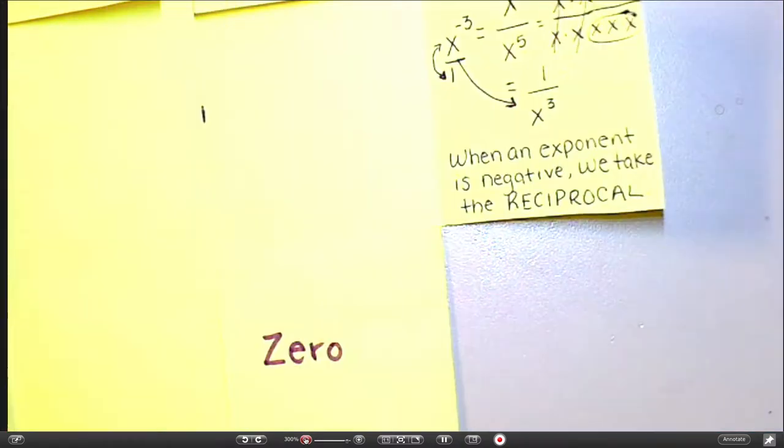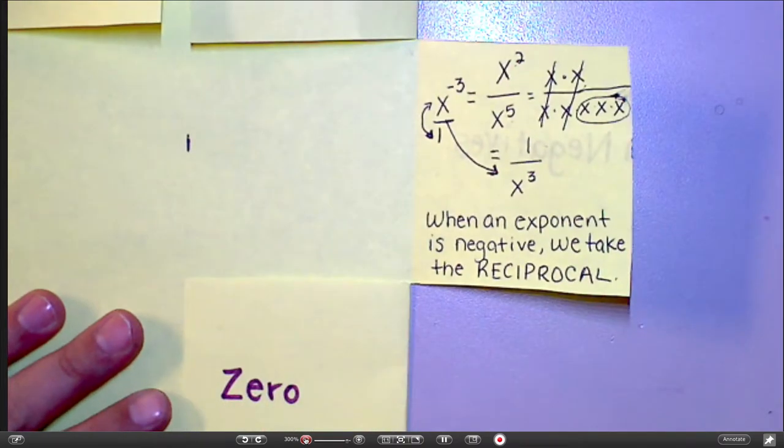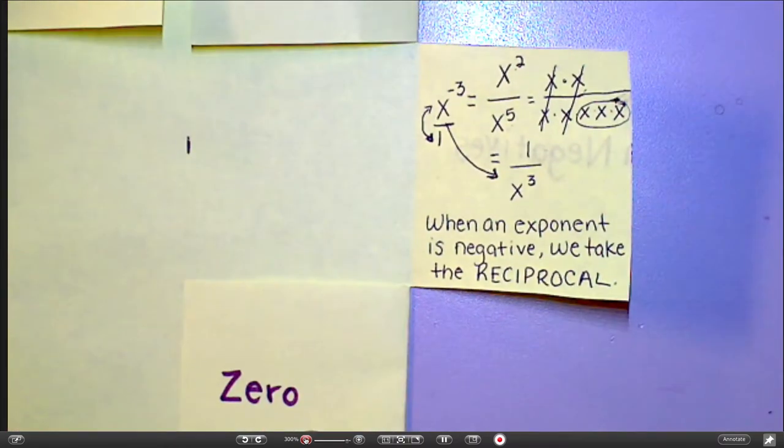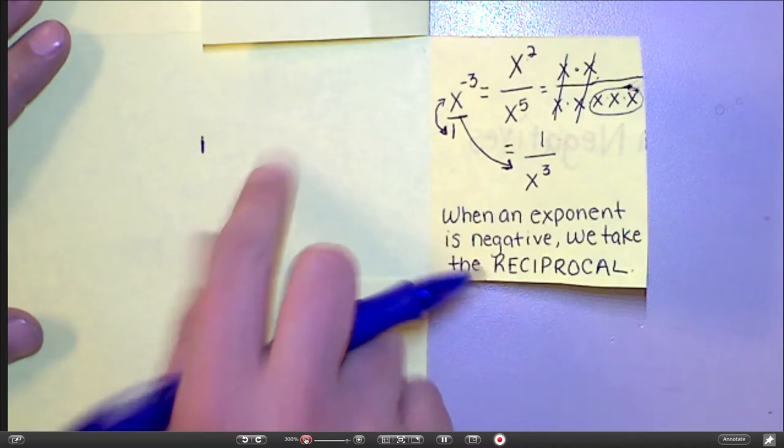Okay, so when an exponent is negative, we're really taking the reciprocal of that power. So you're going to switch what position it is in the fraction. Okay, so let's go over here and do a couple of examples.